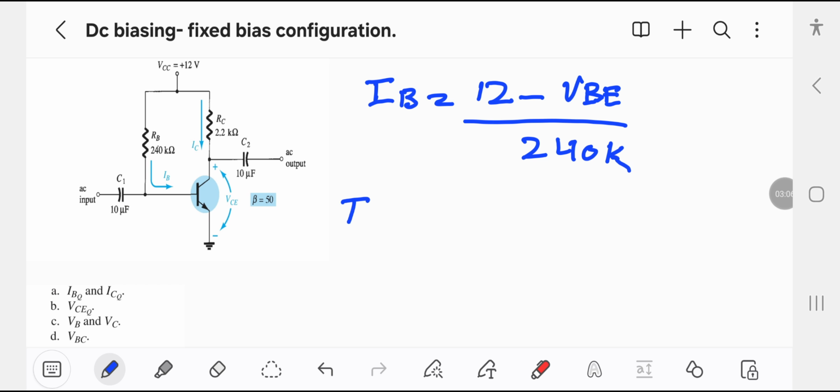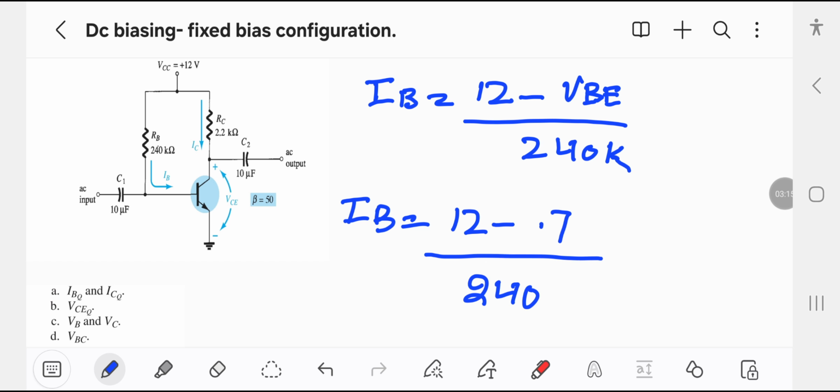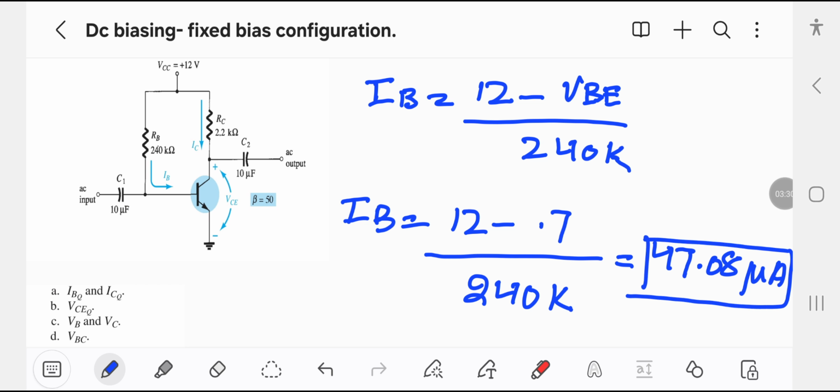So if we put all the values in this equation, our final result will look like this. So IB is actually equal to 47.08 micro ampere.